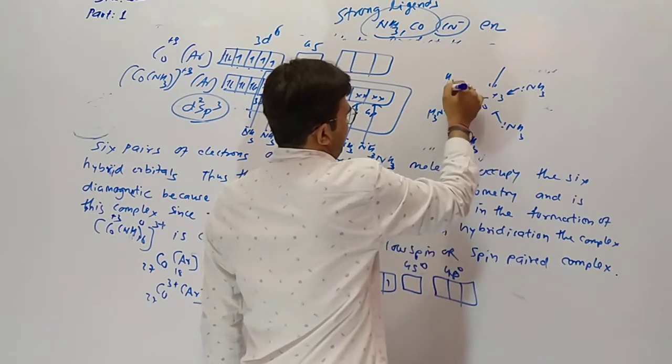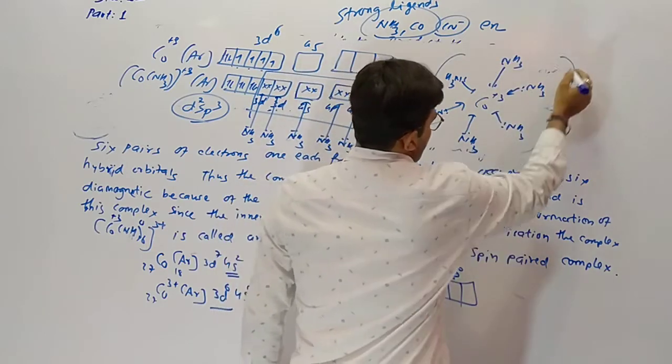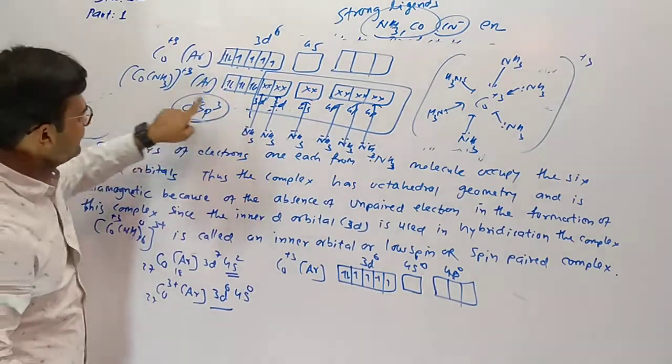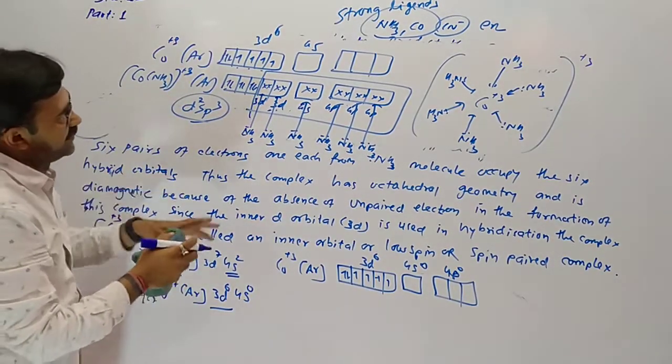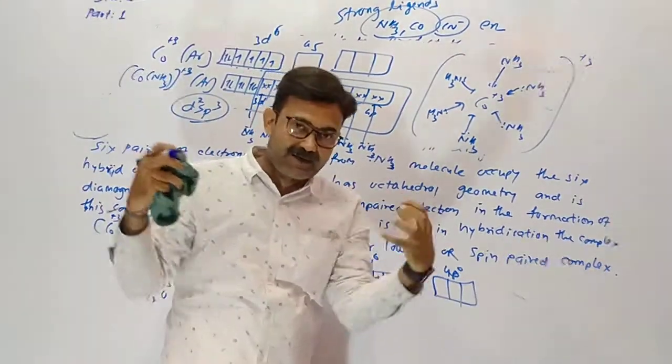But what about the magnetic property? Yes, here all the electrons are paired. After combining, ammonia, carbonyl and cyanide are capable of pushing up the electrons. Any other ligand is not capable, so it will not push up.